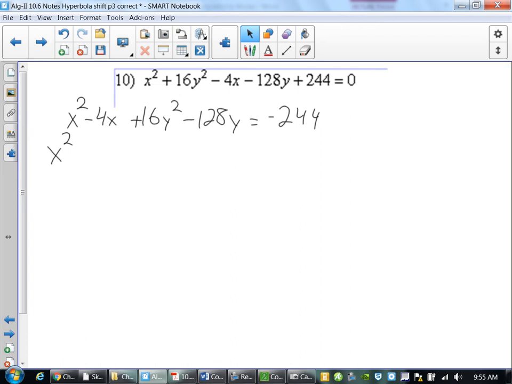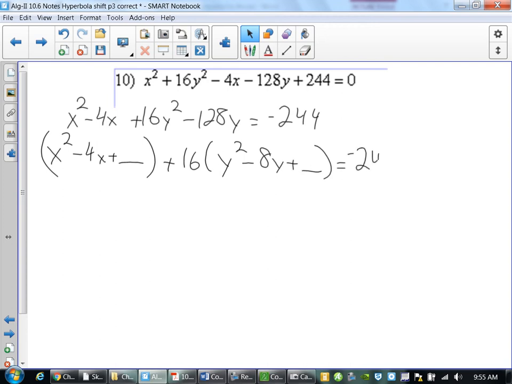So we get x squared minus 4x plus blank, take out the 16, and I get y squared minus 8y plus blank.